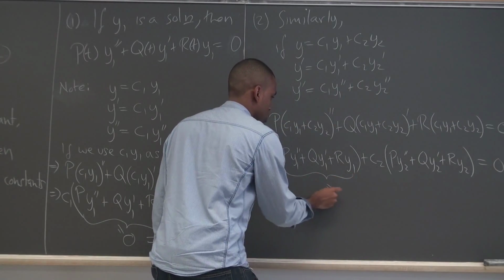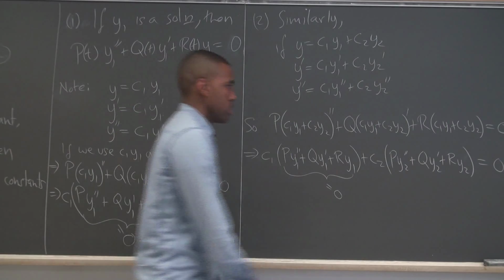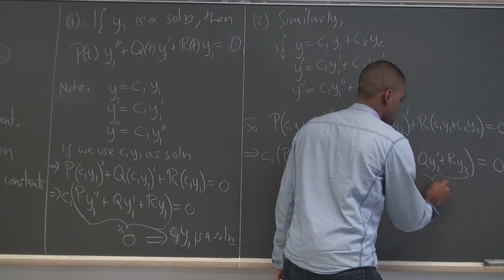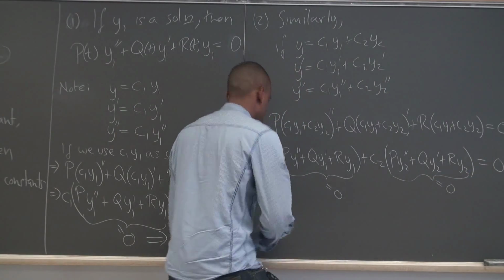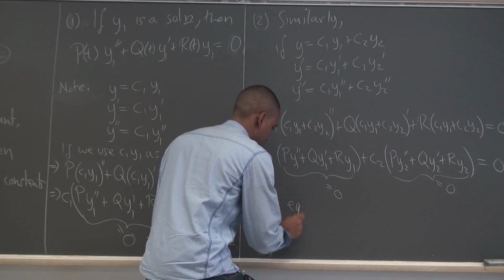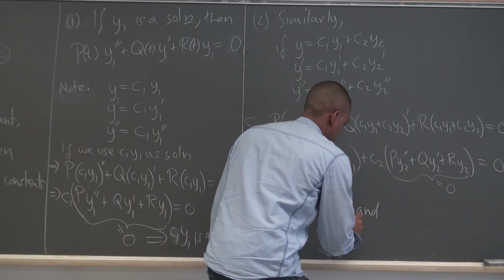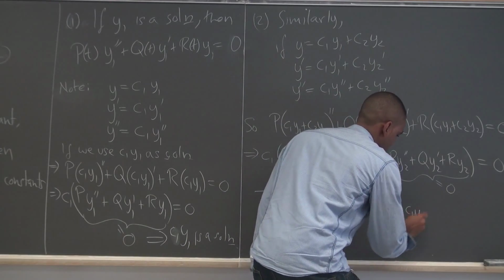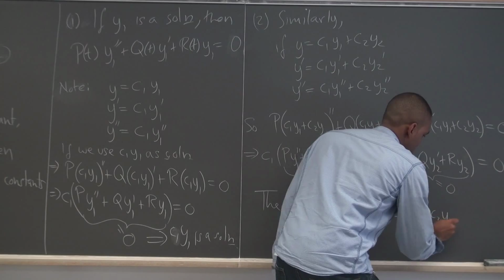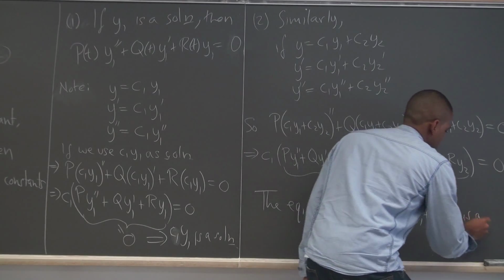Because this is equal to 0 because y1 is a solution, and this is equal to 0 because y2 is a solution, the equation is true. And so C1 y1 plus C2 y2 is a solution.